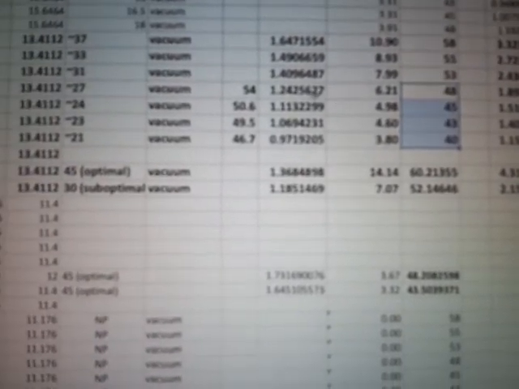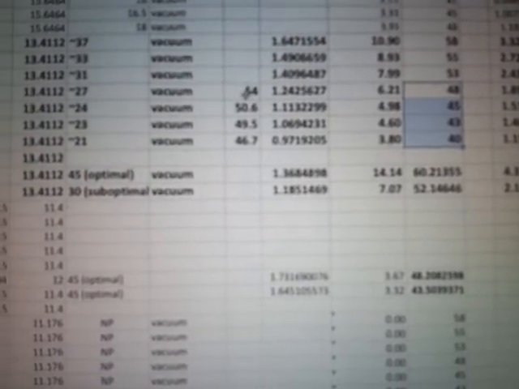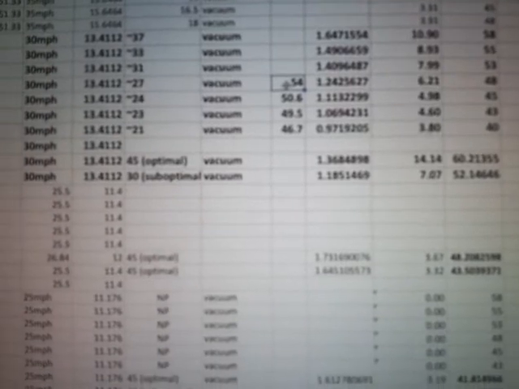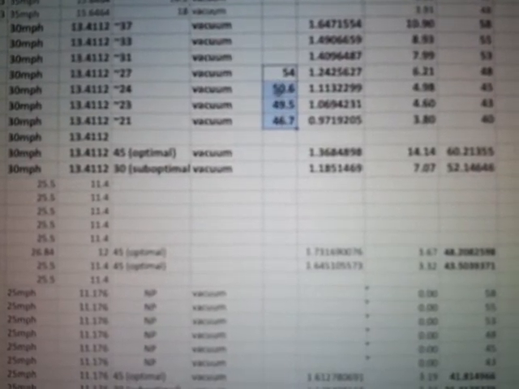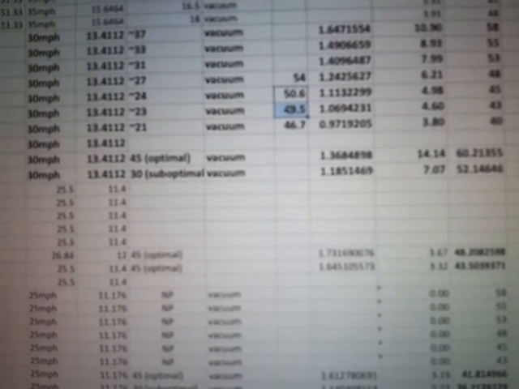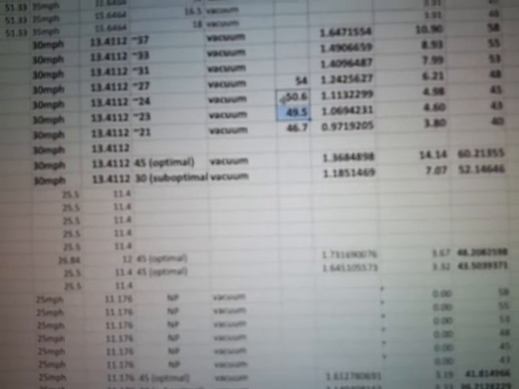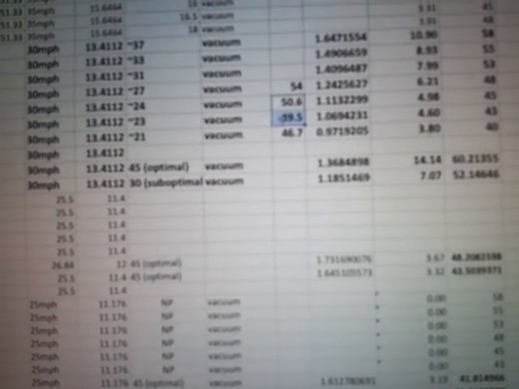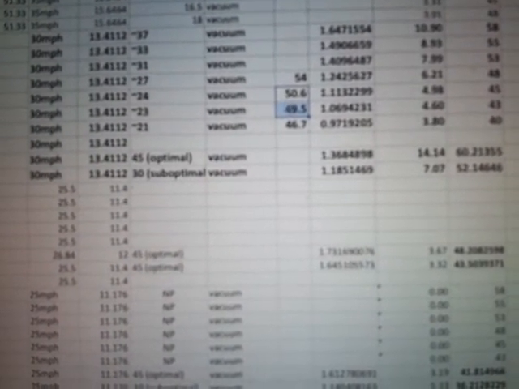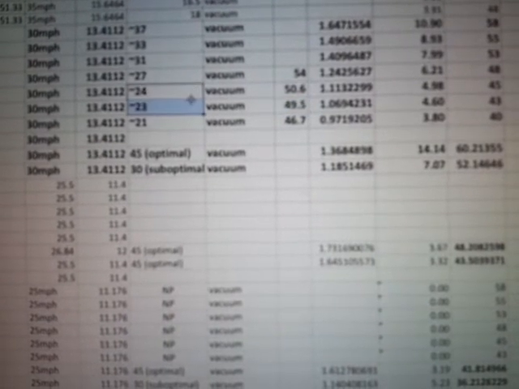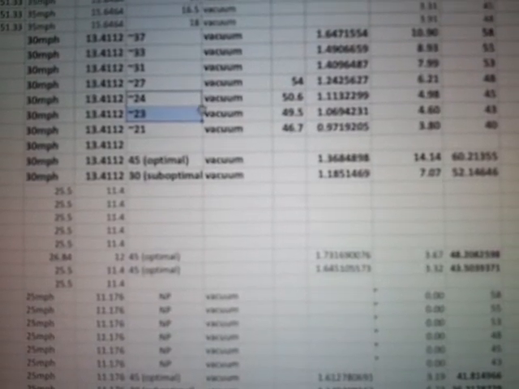If you adjust for a plate being lower than the release point, then these are the adjusted distances. And you notice here that 50.6 feet and 49.5 feet, that's right around the front of the plate. And that is the sweet spot of my measured angle and the sweet spot for my measured speed.